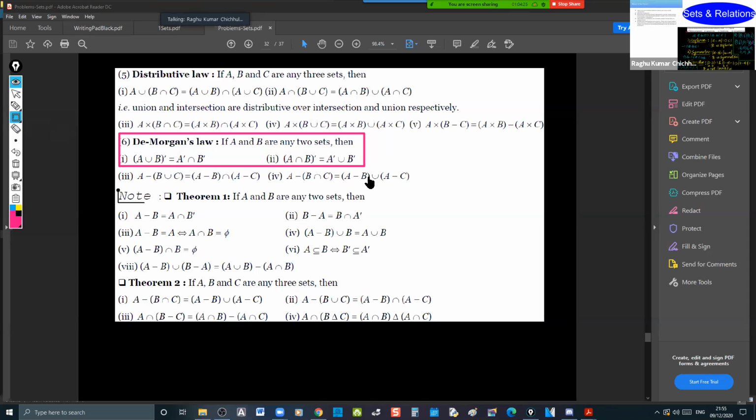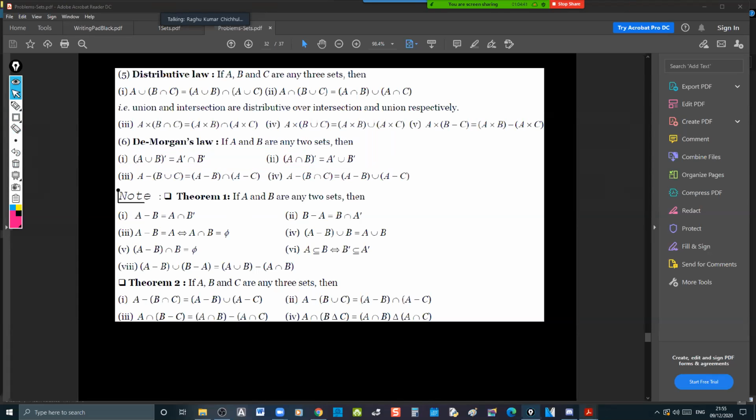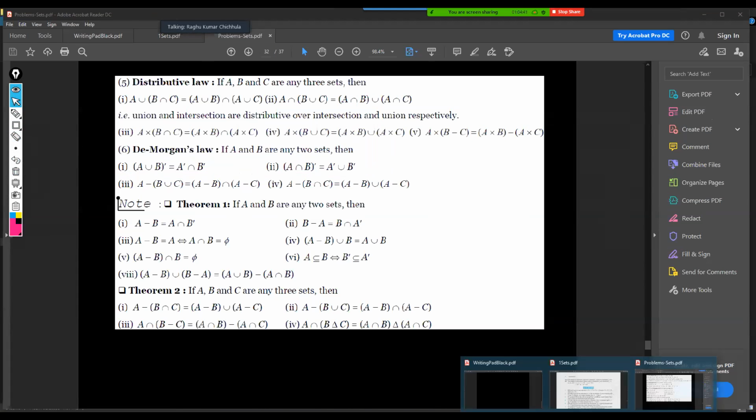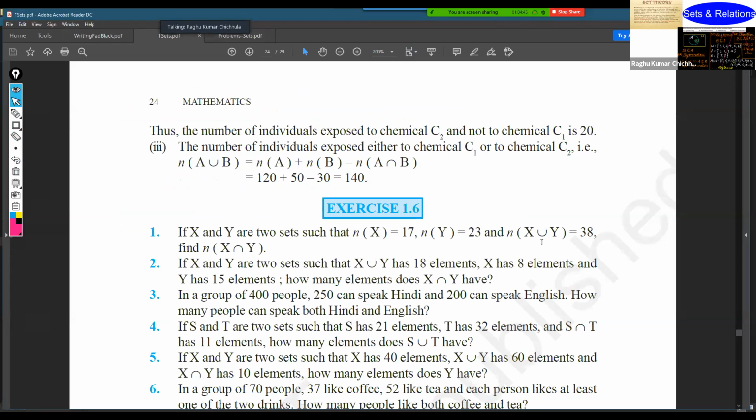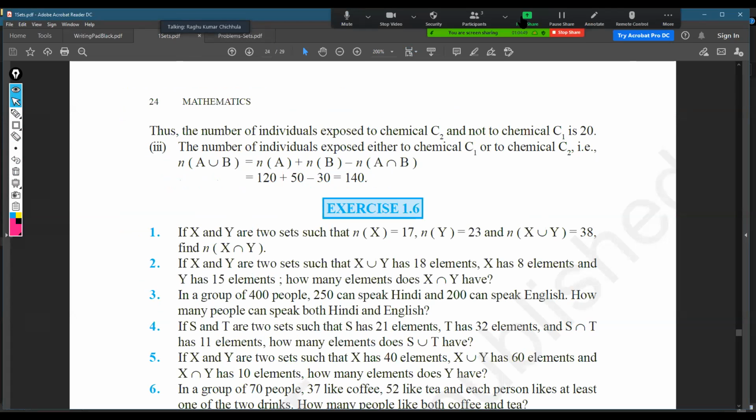Besides that, you will be given some more extra formula, which we can understand very easily after finishing that board level. This is the continuation of set theory, and we will be working out exercise 1.6 in the next session.